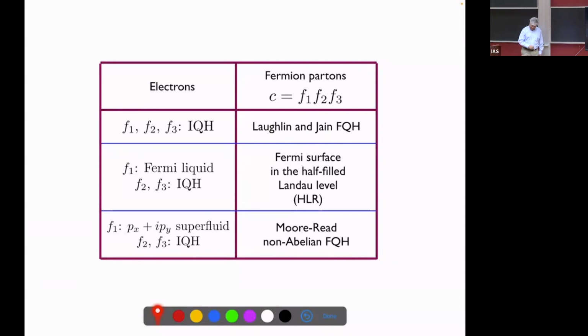What's perhaps not as well known is that you can use this parton construction in addition with all these tricks with gauge theories to get a very well-defined and completely controlled calculation of the low-energy field theory of the quasi-particles, their statistics, and also topological degeneracy on the torus.